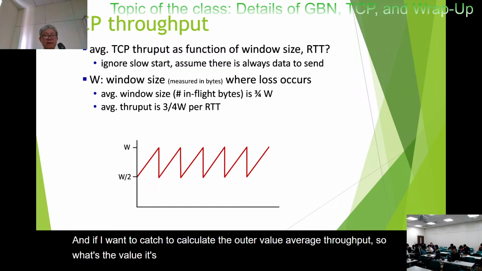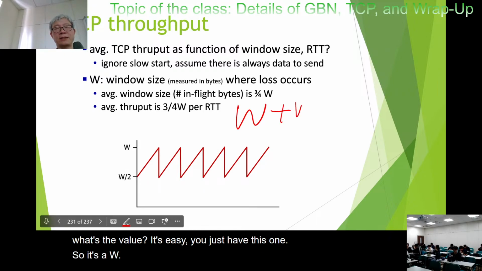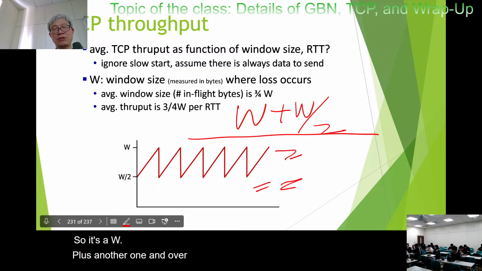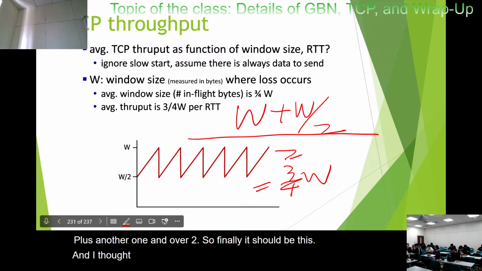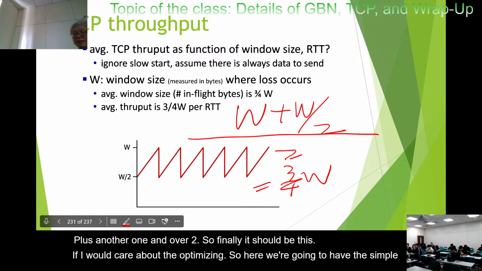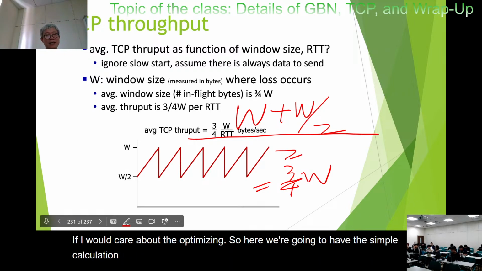You just have this one plus another one and over 2. So finally it should be this. If we care about the average value, so here we already have the simple calculation. And in fact, we focus on this one.